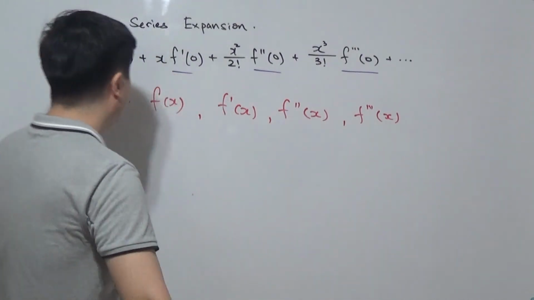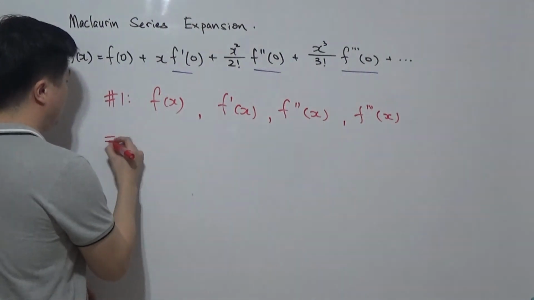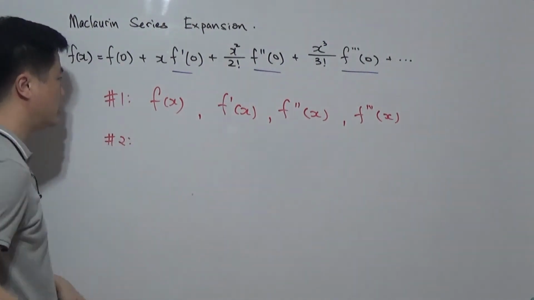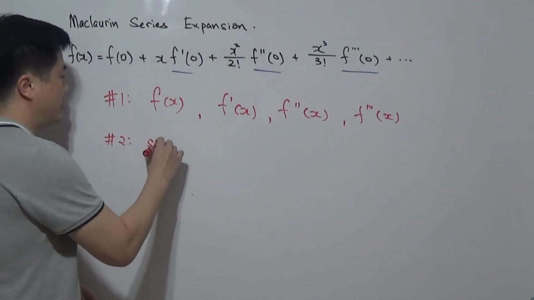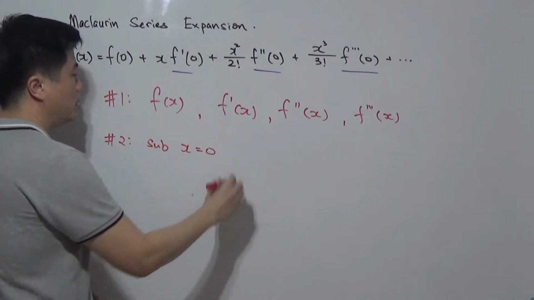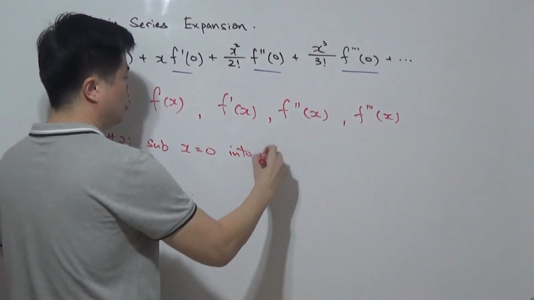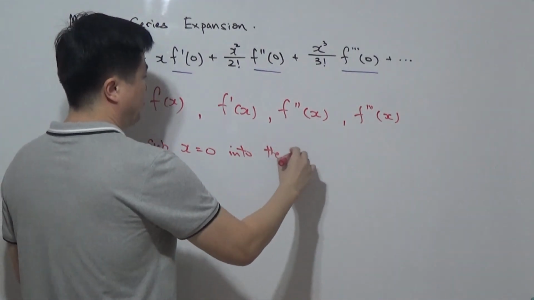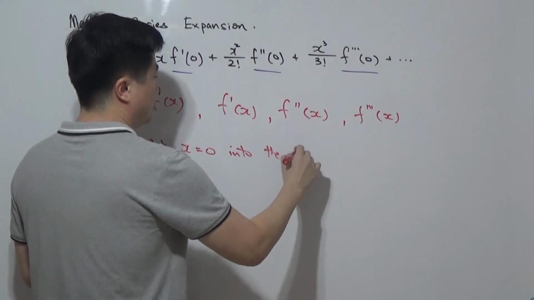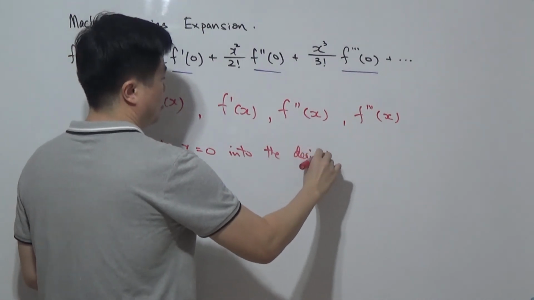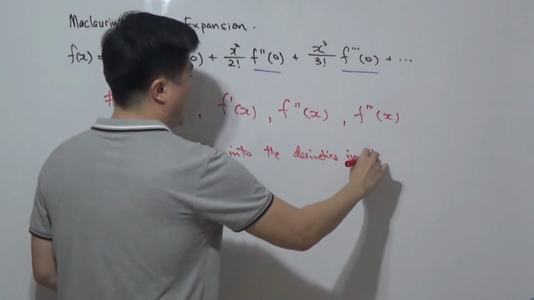Now, once you have all these expressions, in step number 2 we are going to sub x equals 0 into all the derivatives in step 1.